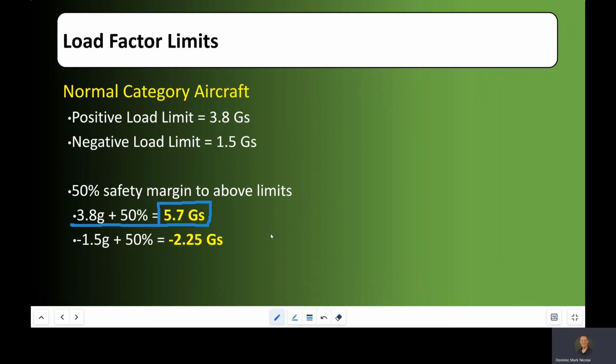Once we're past 3.8 Gs, it will be damaged, but it won't fail because it has to withstand up to 5.7 Gs. And very similarly with the negative, it has to go to negative 2.25 Gs without failing.